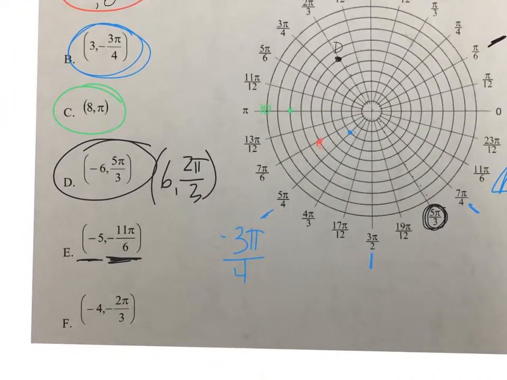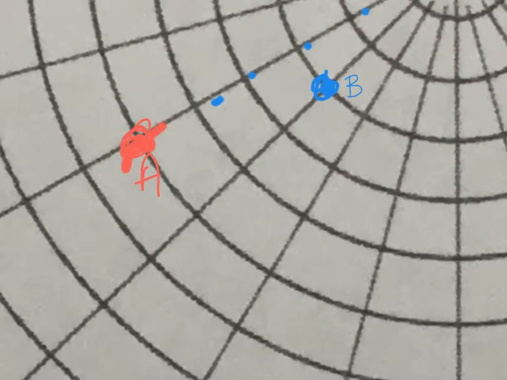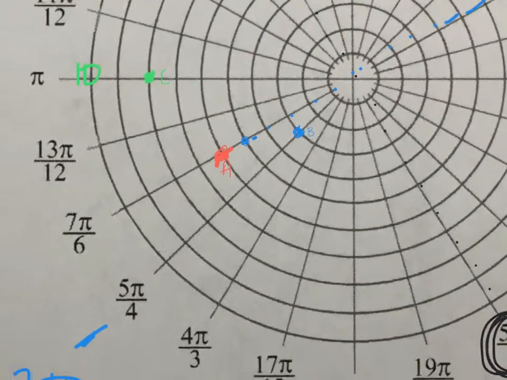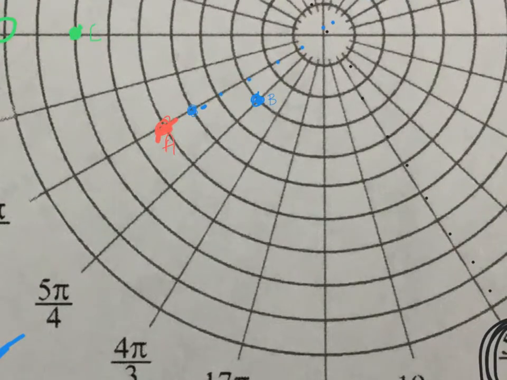The radius is negative 5, so I'm going to go 5 units away from this line. Here's your 11 pi over 6, 1, 2, 3, 4, 5. This would be 5 right here. That's negative 5 comma negative 11 pi over 6. So this is point E.